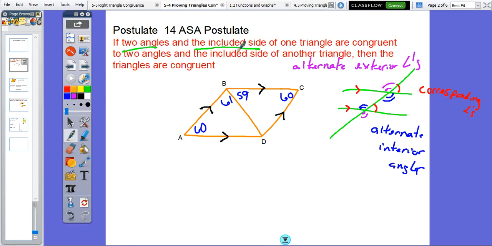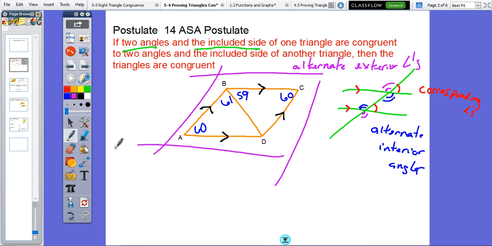In this problem, we have two sets of parallel lines, AB to CD and BC to AD. That makes BD right here the transversal, the one that cuts those, similar to this line right here. So we look at this problem. We know we have 60, 60, and then we got these two angles.